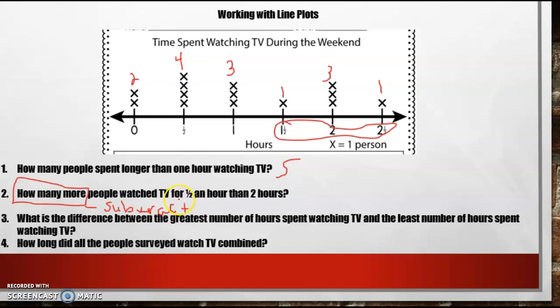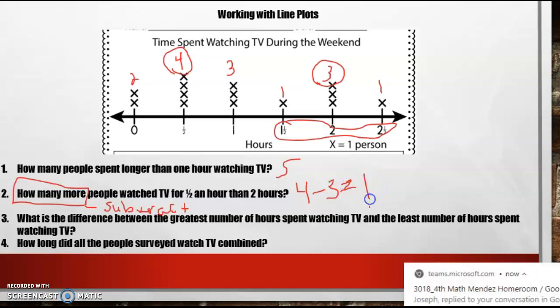How many more people watch TV for a half an hour? Well, let's find out. How many people watch TV for a half an hour? 4 people did. How many people watch TV for 2 hours? 3 people did. So how many more people watch TV for a half an hour than 2 hours is going to be 4 minus 3. 1. Simple.